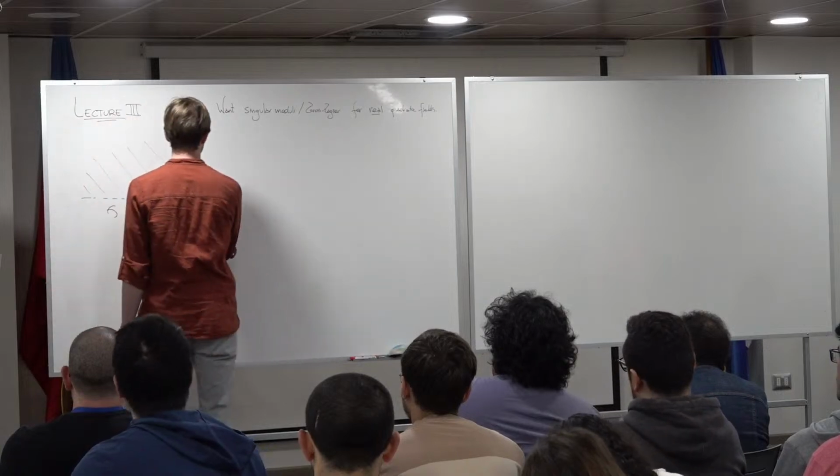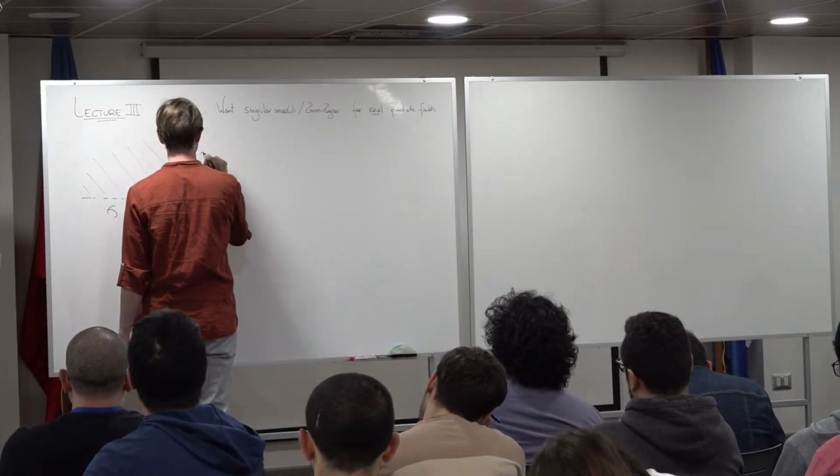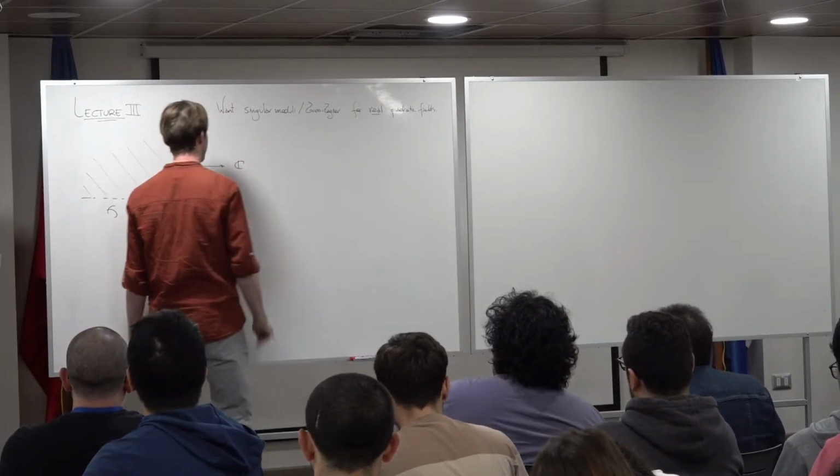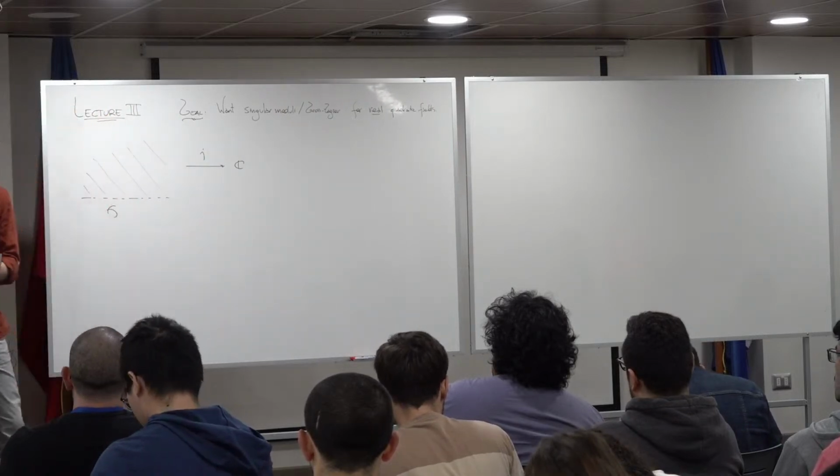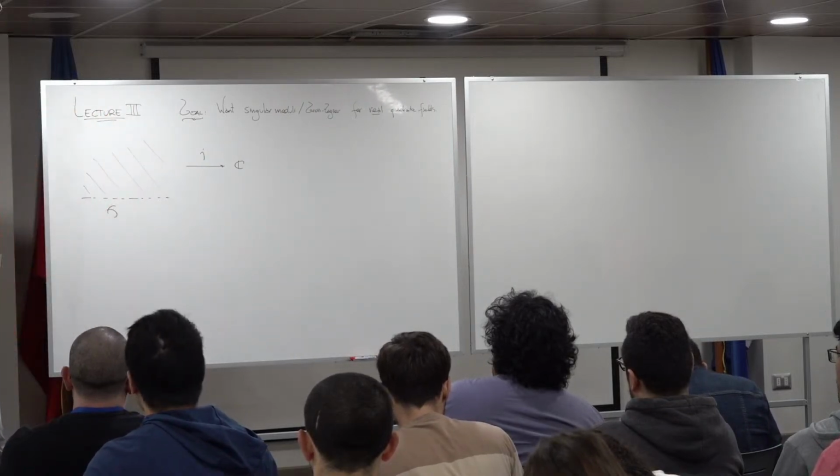The J function is a complex analytic function from this upper half plane to C, and we were able to evaluate it at CM points by definition of CM points in a way.